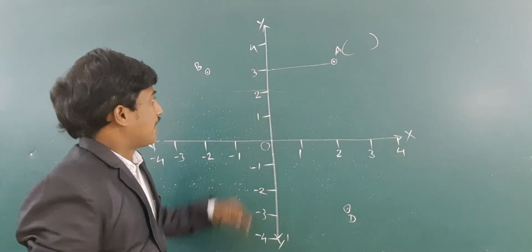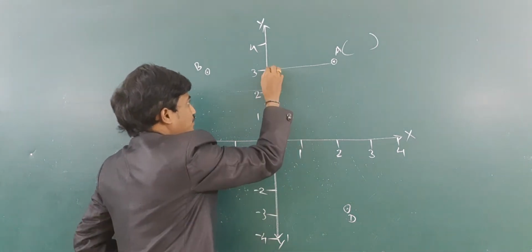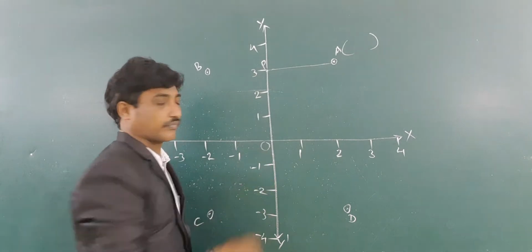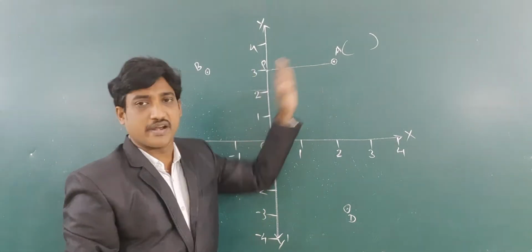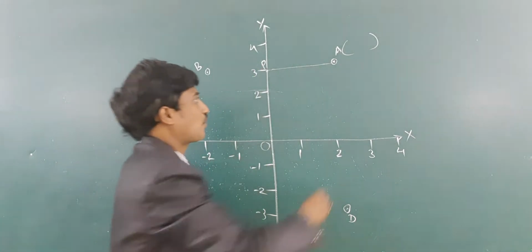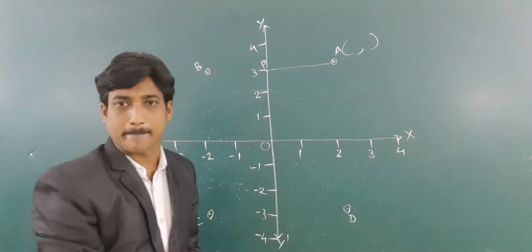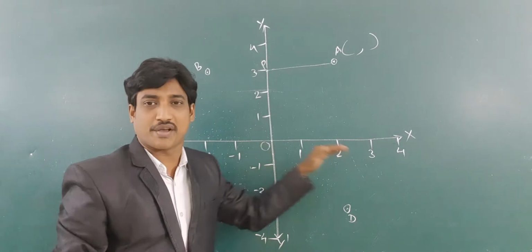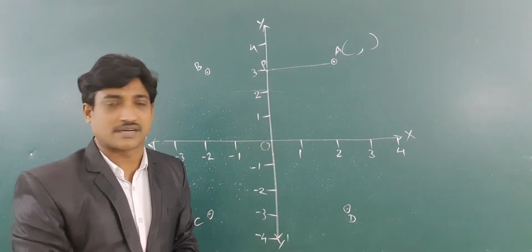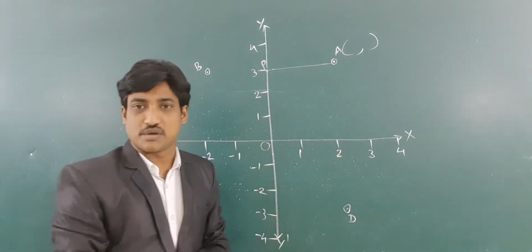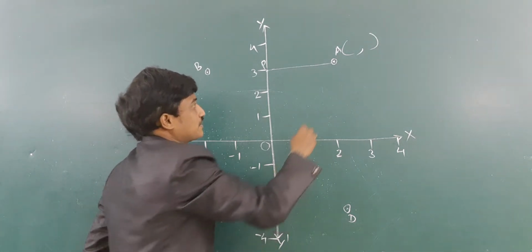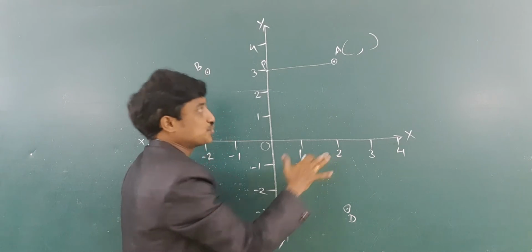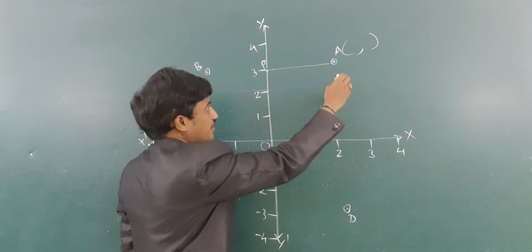Let me take this point as P. PA distance is the x coordinate, the first coordinate, and PA is along OX, so that coordinate is positive. The distance is 2, so P to A is 2 units.